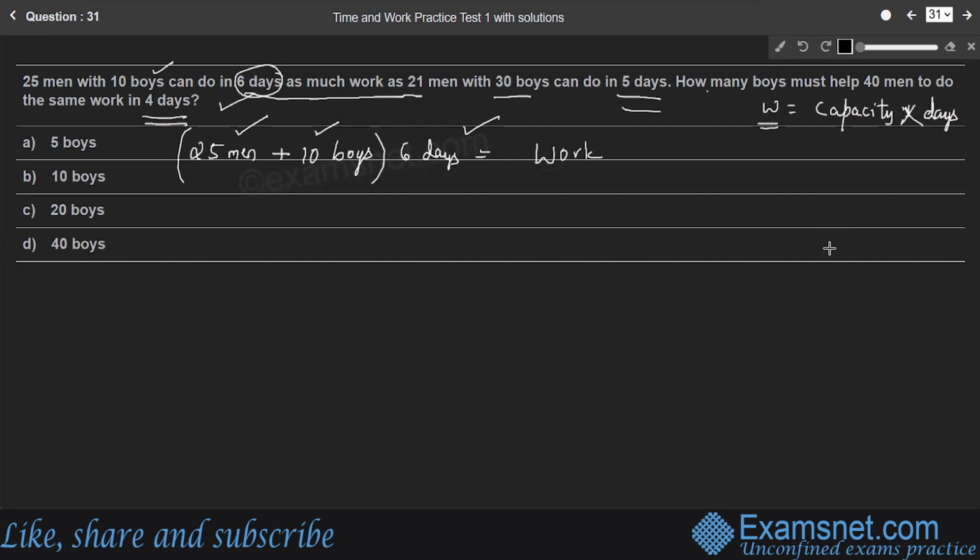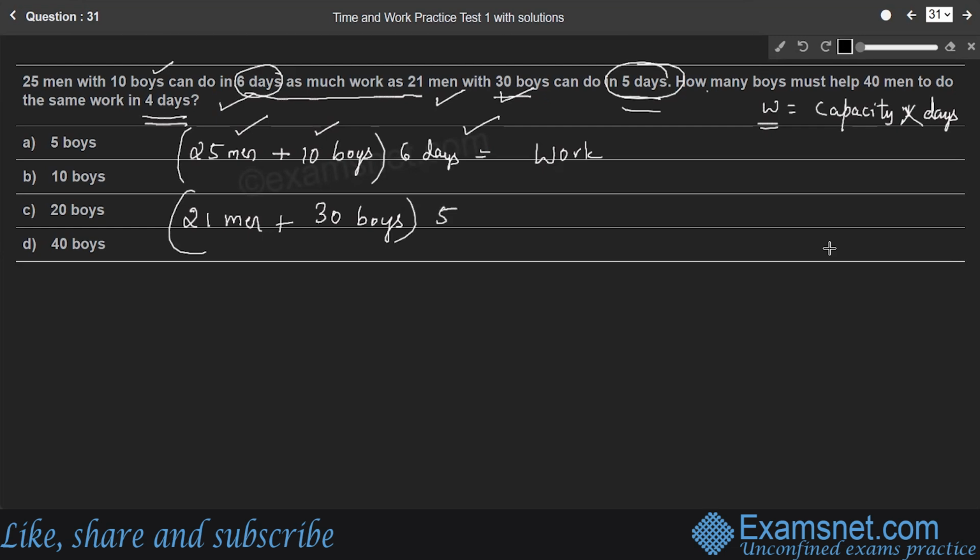So to do the same work, 21 men with 30 boys can do it in 5 days. The same work can be done by 21 men with 30 boys in 5 days, capacity into time.